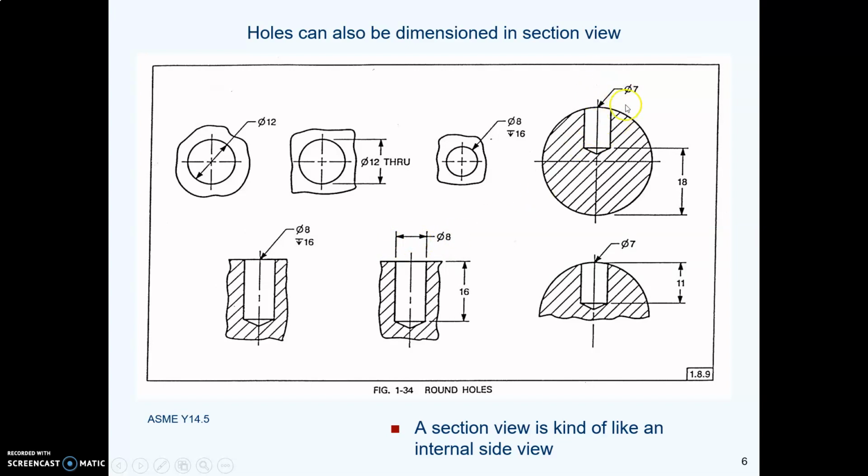Here at the top is an example of a leader line dimensioning the hole, and notice that if you do that in a section view, you point at the place where the center line intersects the surface. That's kind of a fine point. You don't see that all that often.